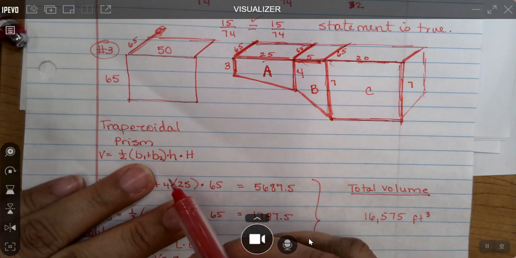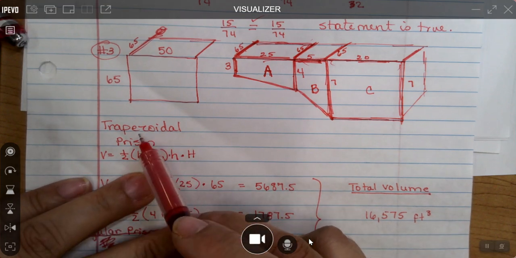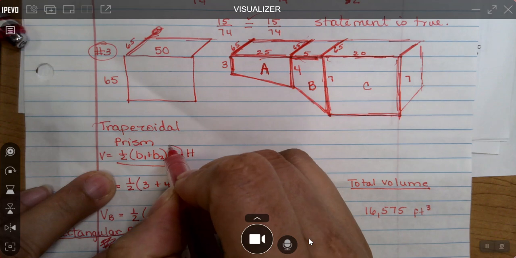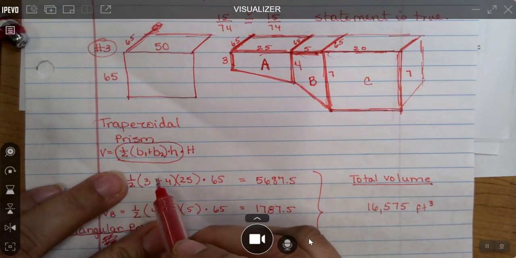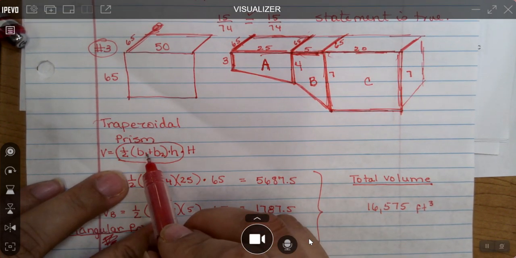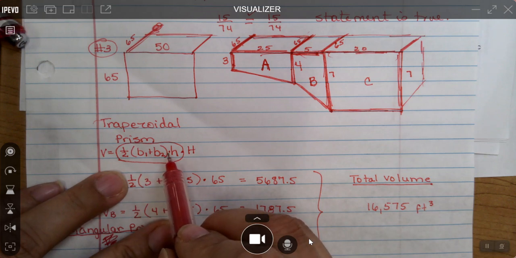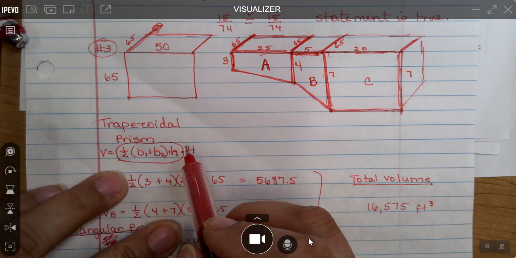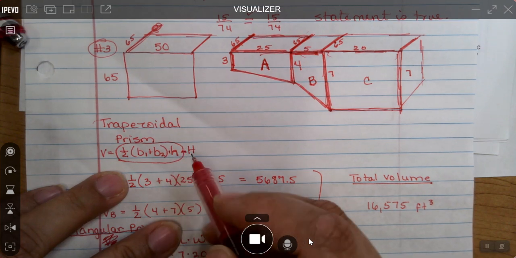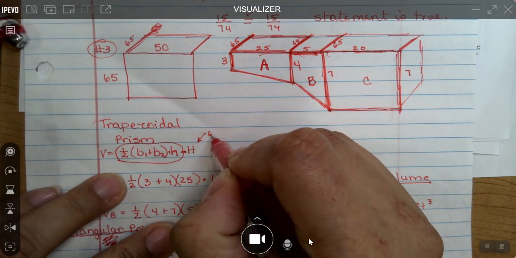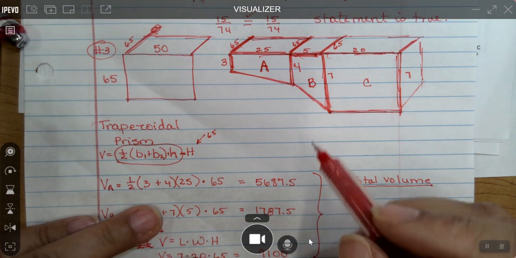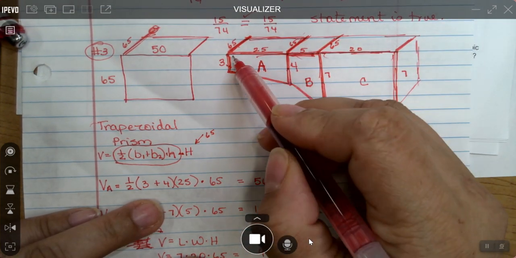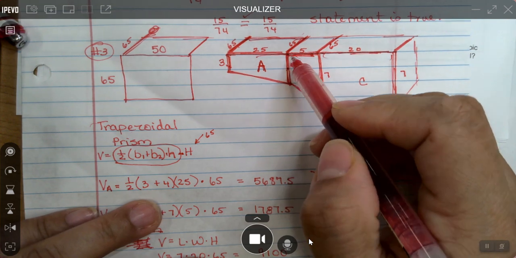So this is how you calculate the volume of a trapezoidal prism. This is how you do the area of a trapezoid: 1/2 the sum of the bases times the distance between the bases, and then times the height of the prism. The prisms all have a height of 65. So here the two bases are 3 and 4, and the distance between them is 25.